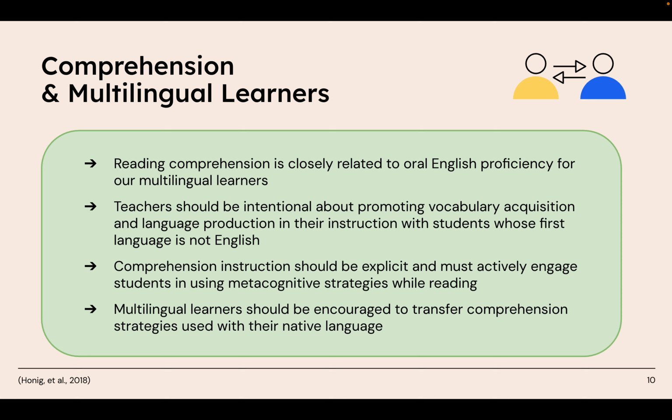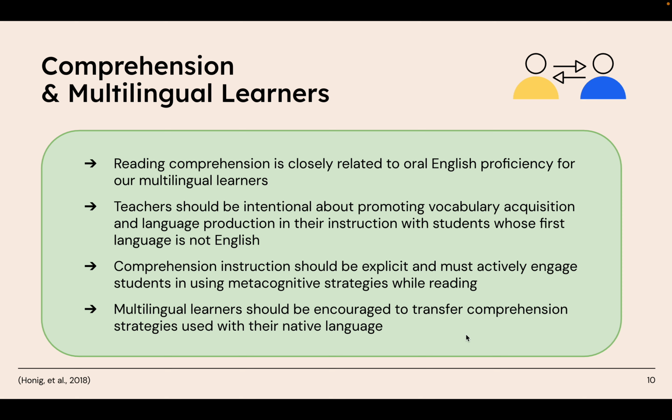So teachers should be intentional about promoting vocabulary acquisition and oral language production in their instruction, so that students who don't speak English as a first language are accessing prior knowledge and accessing vocabulary in a way that's going to help them understand what they're reading.